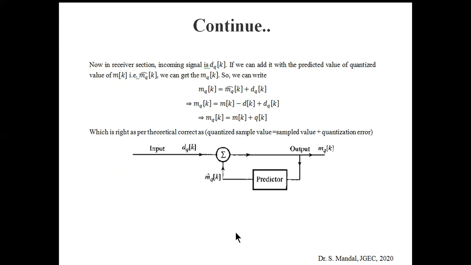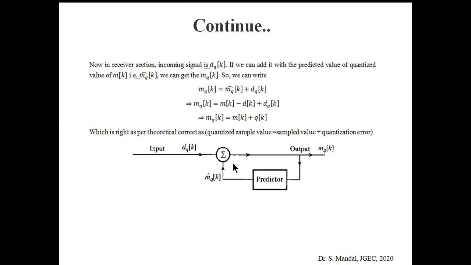Now in the receiver section we need to reconstruct the original signal from the incoming dqk. The incoming quantized difference signal is input to an adder, you can see here.